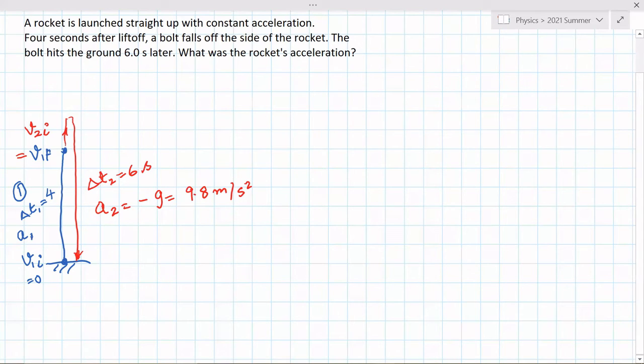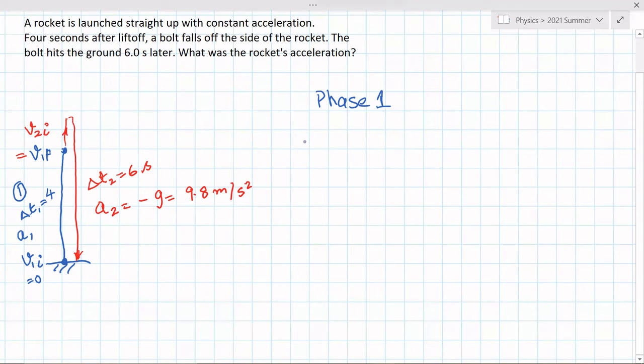At this moment, I'm thinking that either I can find something from one of the phases which simplifies things, and maybe doing phase 2 first simplifies things. I don't really know at this time. Or I might end up getting two equations with two variables, and then I'll have to solve them together. We have a, delta t, and the final and the initial velocities.